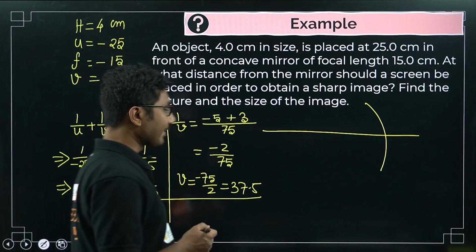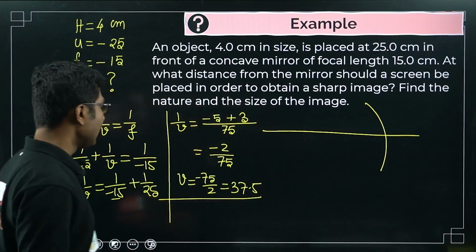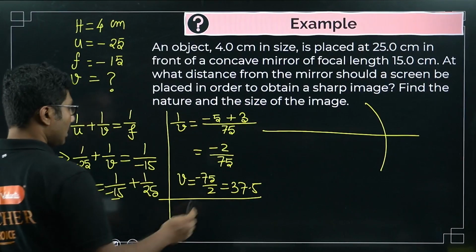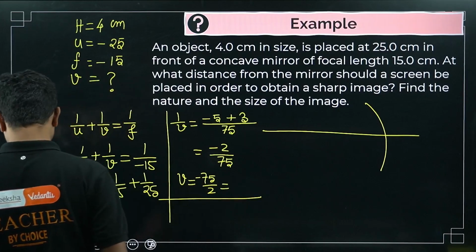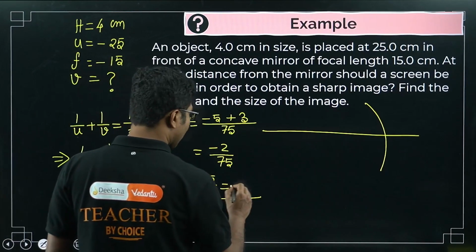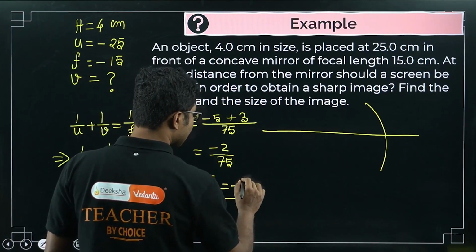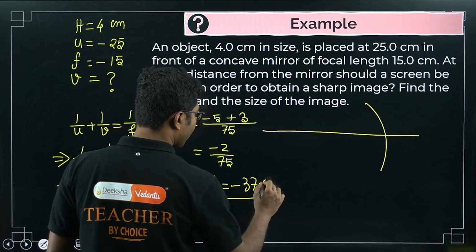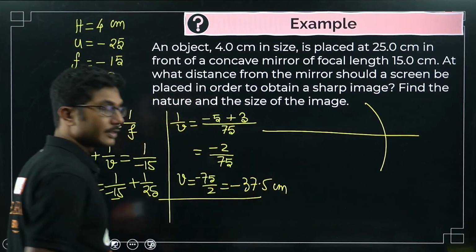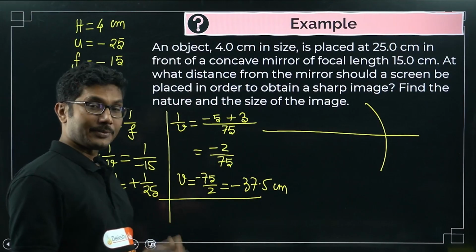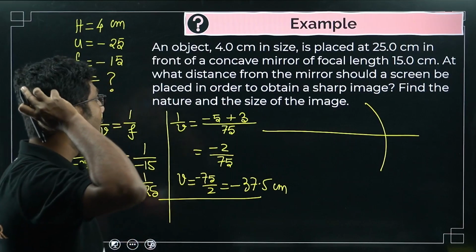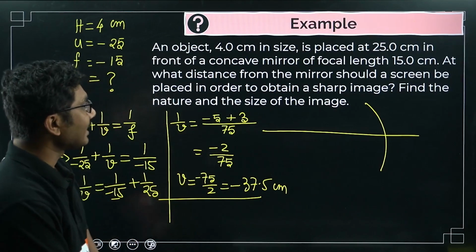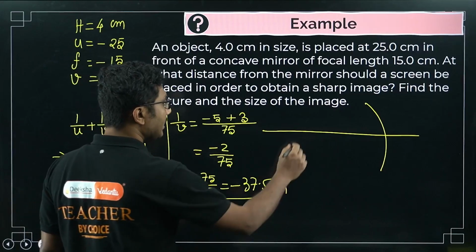So you have calculated v, so you have to place the screen on the same side as the object at a distance of 37.5 centimeters from the pole. Now find the nature and the size of the image.